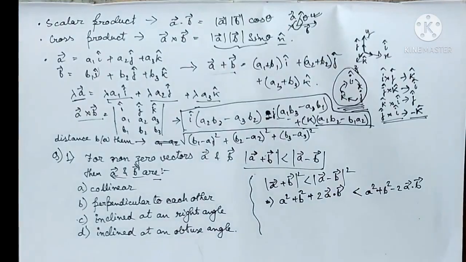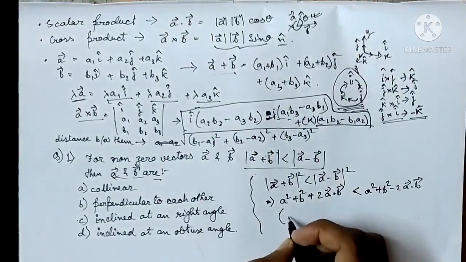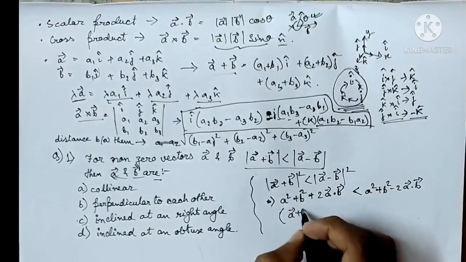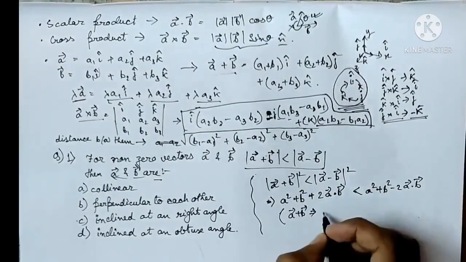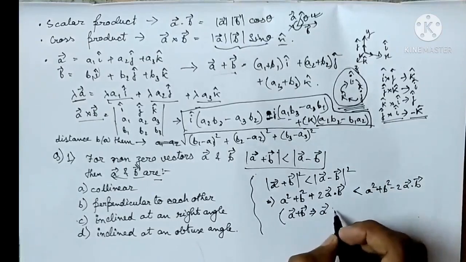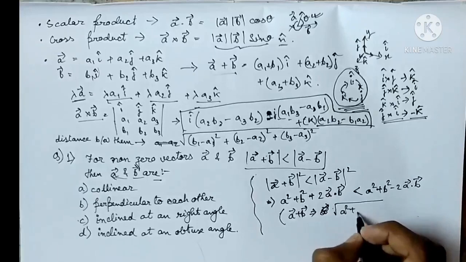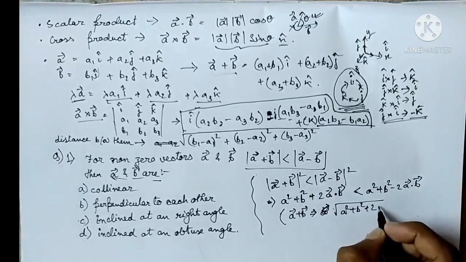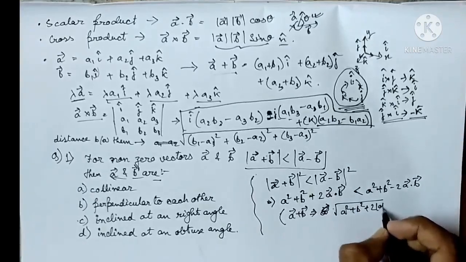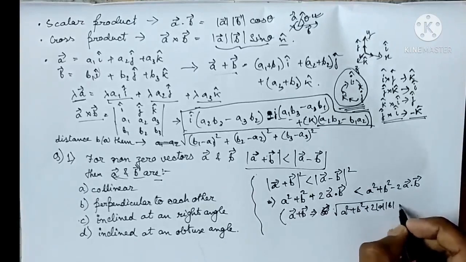So it is also a formula where we have a vector plus b vector is equal to under root a square plus b square plus 2 mod a mod b cos theta.